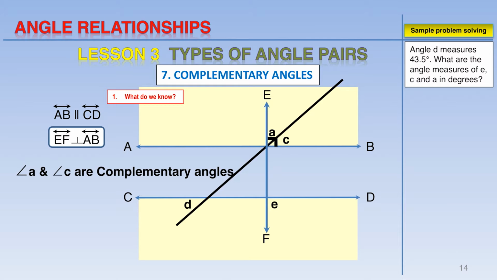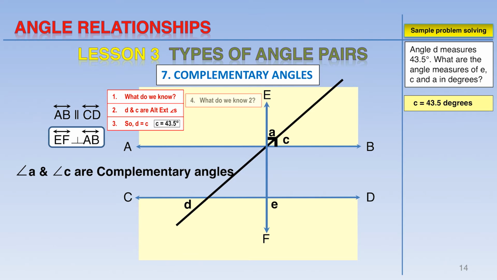Well, by the boxes we know that we have some angles that are outside of the transversal line, and if we disregard line EF, we can see that angles C and D are alternate exterior angles, and by definition they're equal to each other. So since we know that angle D measures 43.5 degrees, we know that C has to equal the same.